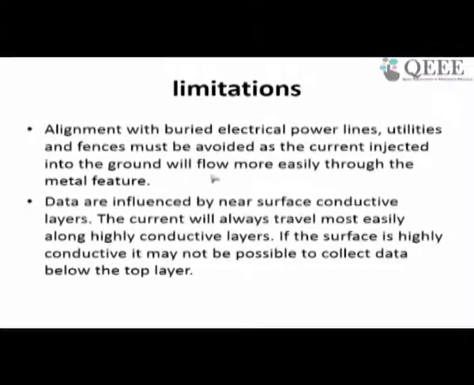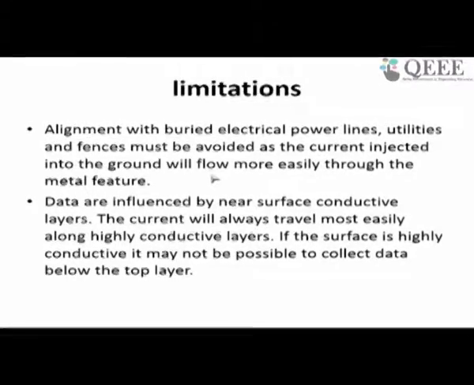Now many times some of the layers in the ground will be very conductive in nature. In that case, the result may be a little confusing, because you are applying a higher current, so the flow will be very large in that particular layer.